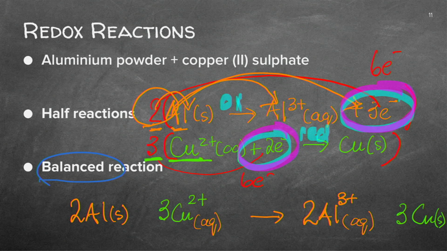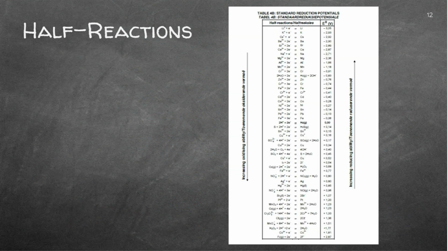And now just to give you the perfect net or balanced reaction: 2 aluminium solids forming ions, 2 of them, 3 copper 2 plus, 3 copper solid, and you know it is 6 electrons being transferred. So it's important, guys, that you have a look at your half reactions.